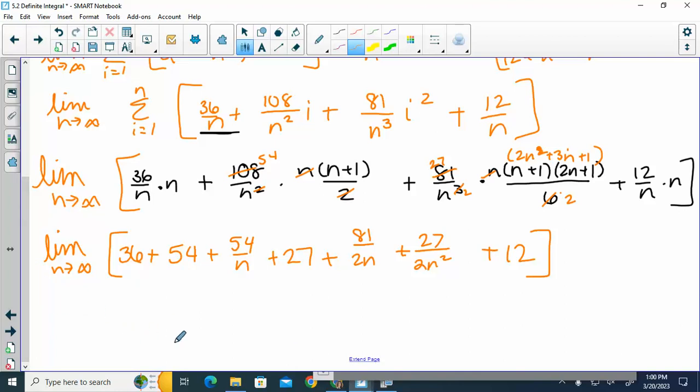So if n goes to infinity, anything with an n on the bottom would turn into 0. 120.